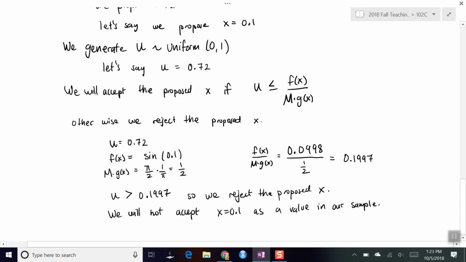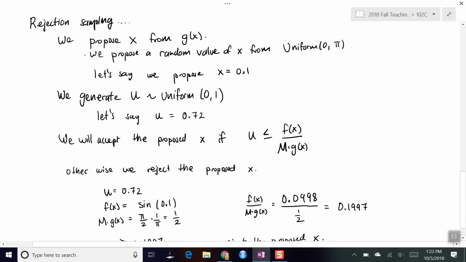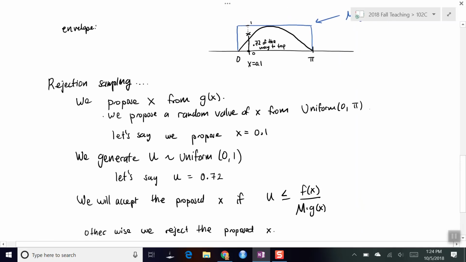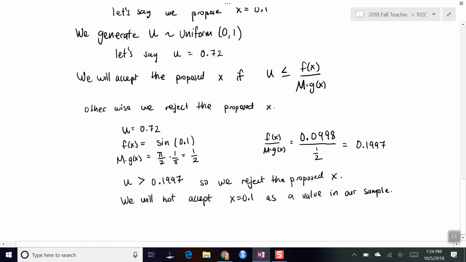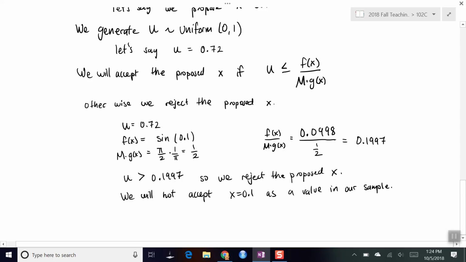Okay, does that make sense? All right, and so how often will we accept the value 0.1? We're going to accept it only according to this ratio, only about 20% of the time. So I will propose all values between 0 and pi with equal probability.